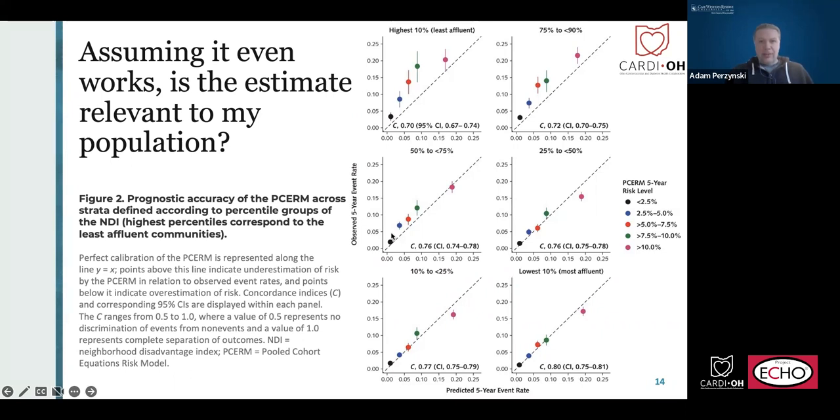But as you get toward the top of the figure, where you have folks who live in the most socioeconomically disadvantaged neighborhoods, what you can see is we drastically under-predict risk. In the top left, see that green dot. Those are people for whom the calculator in the EHR would have predicted a 7.5 or 10% chance of having a hard cardiovascular event.